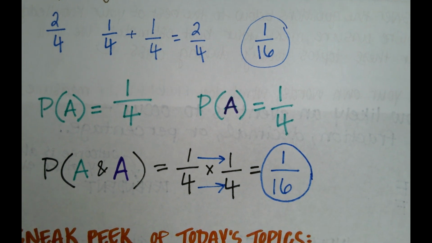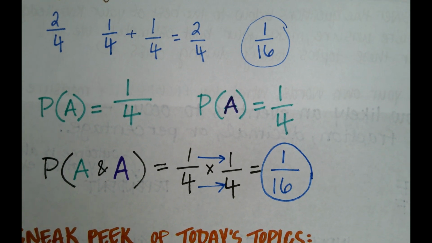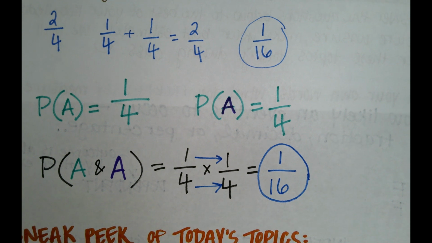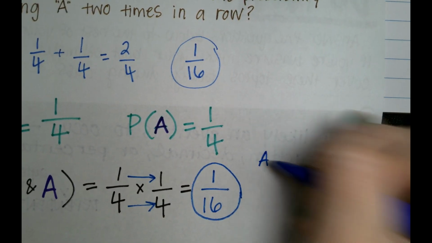Because if you think about it, if I spin A once, the next spin could be A, it could be B, it could be C, it could be D. There's about a million different possibilities for the 2 different events happening. For example, let's say I spin A first.